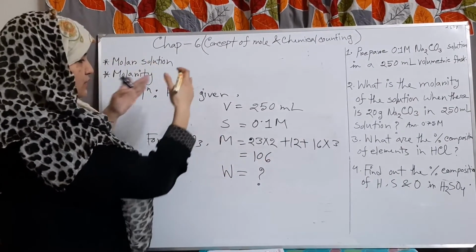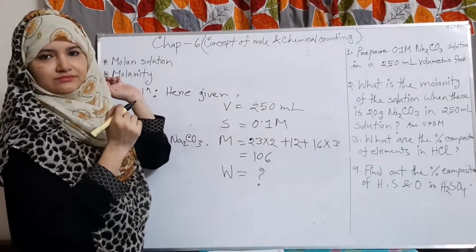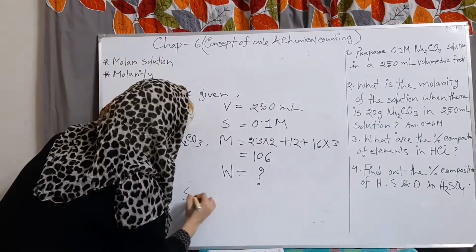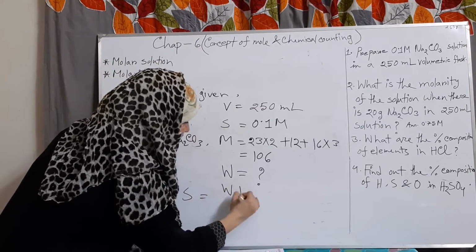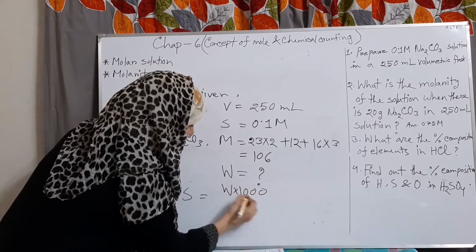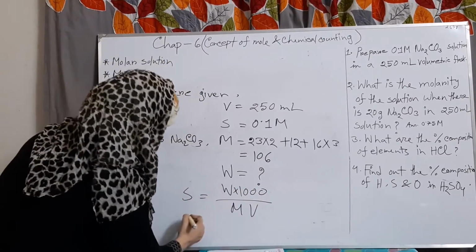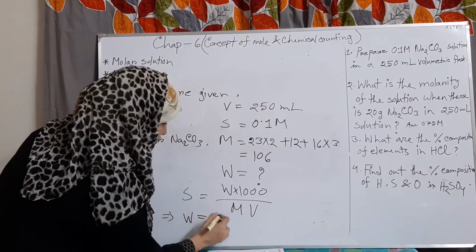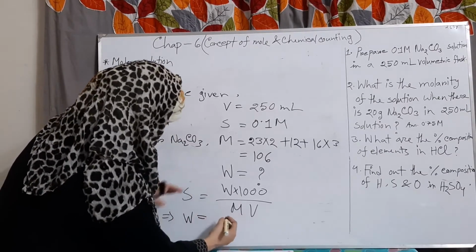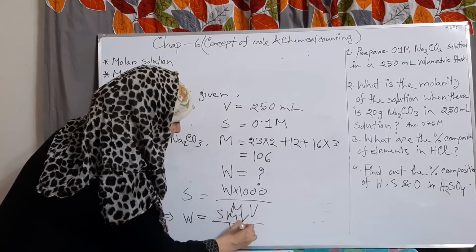Now you have to put all these values in the formula, which is S is equal to W into 1000 by MV. You have to rearrange this: W is equal to SMV by 1000.